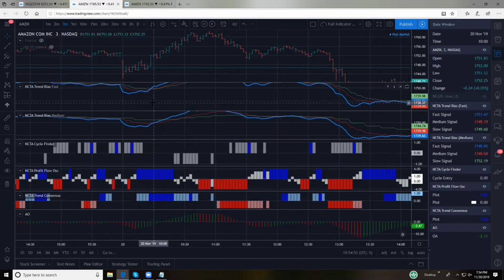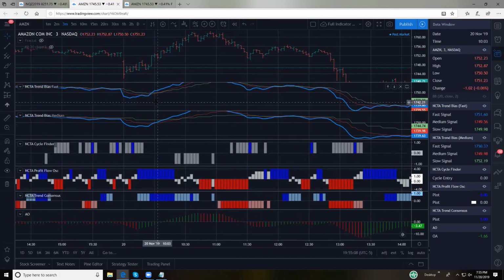Well, we ended up with an A signal sometime around 10 o'clock. Yeah, it was 10 o'clock straight up. Now, we missed the first part of that move, but by now, the trend bias is saying we've got full strength of confirmation. And if you look at the lower indicators, we also qualified that as a super cycle.